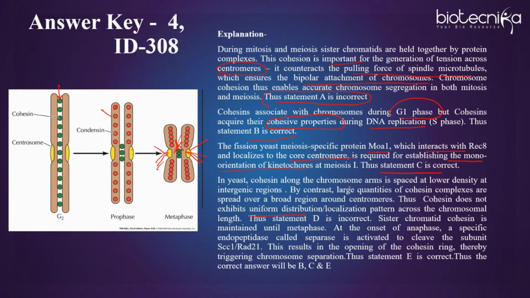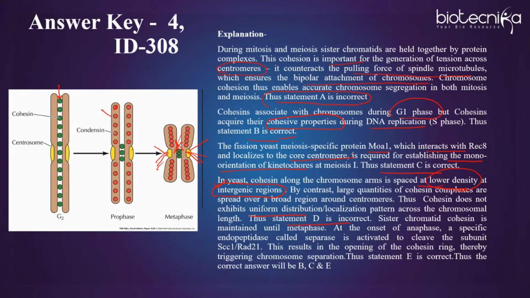Okay, so what is happening over here? You'll find cohesin along the chromosome arms is spaced at lower density at intergenic regions. What are intergenic regions? The sequences that are present between the genes. So there, the cohesins are not present, or they are at lower density. So they are not uniform. So that is why statement D is incorrect.